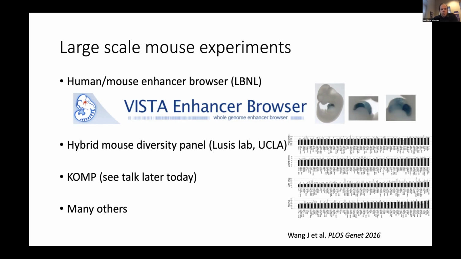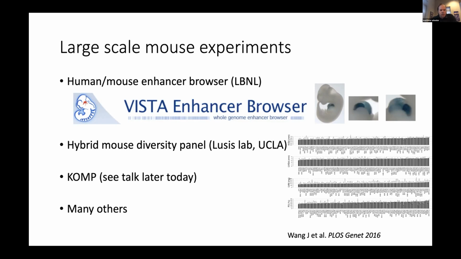Jake Lusis down at UCLA has done this amazing project, taking 100 different strains of mice and doing quantitative phenotyping of them, and has shown in a number of really amazing papers to be able to do fine mapping and also look at gene environment interactions across this diverse group of mouse strains.